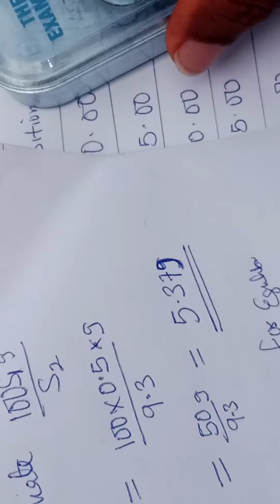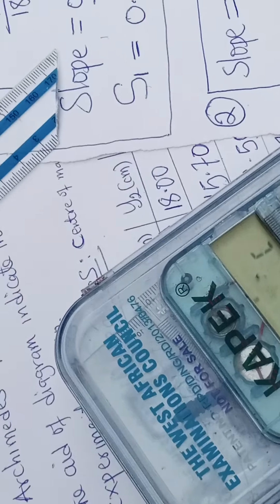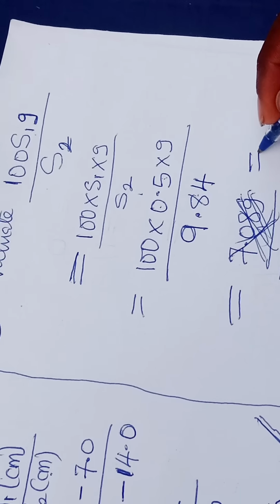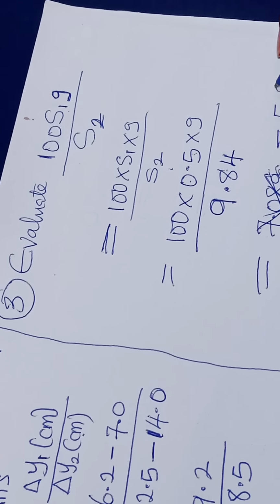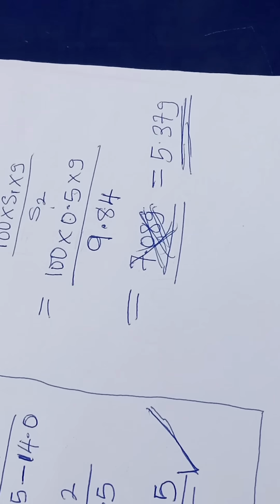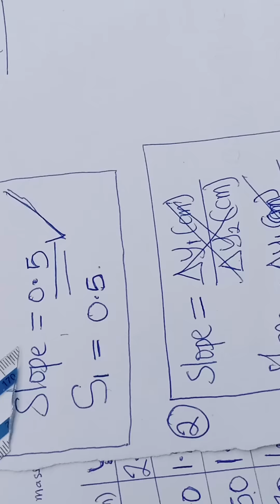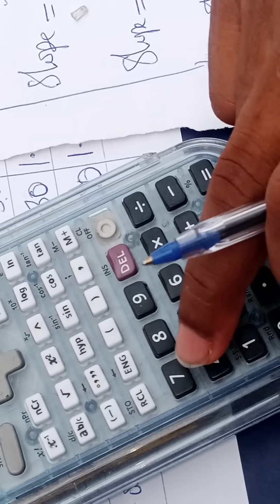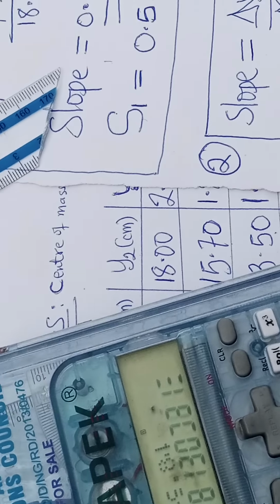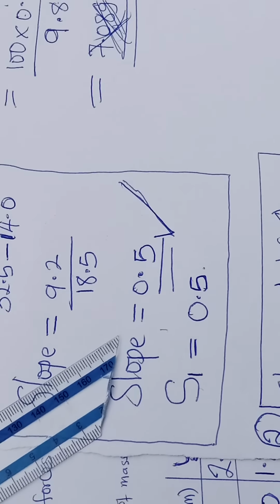Let's check, because I am having 5.9. This is not 7.08, please. This should be 5.37 grams. Sorry. If you take your calculator, this is 50 divided by 9.84. Please let me confirm this.